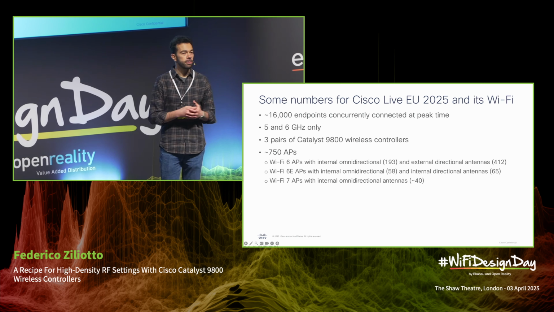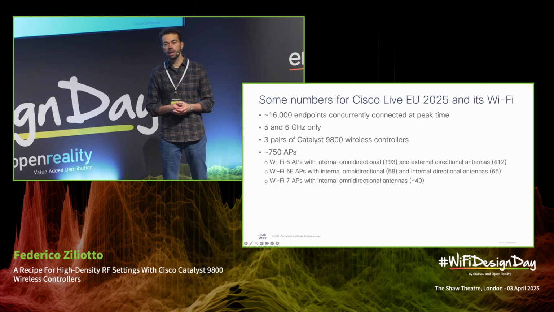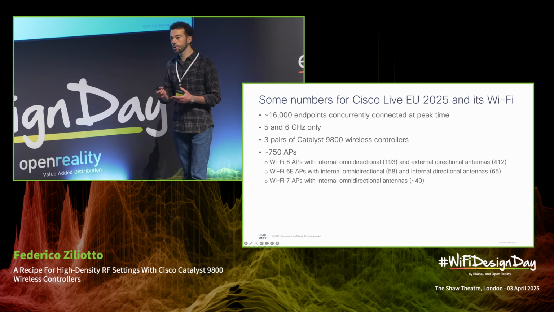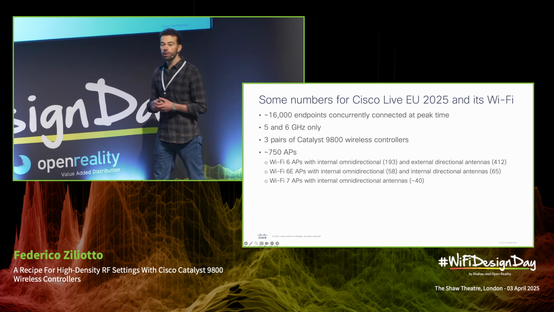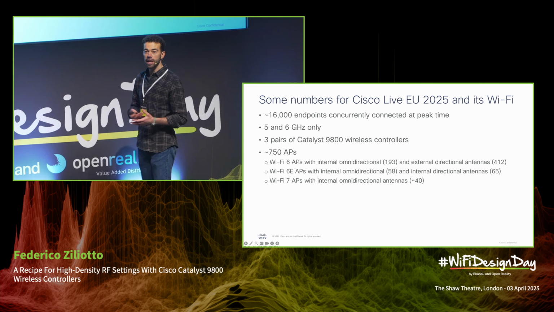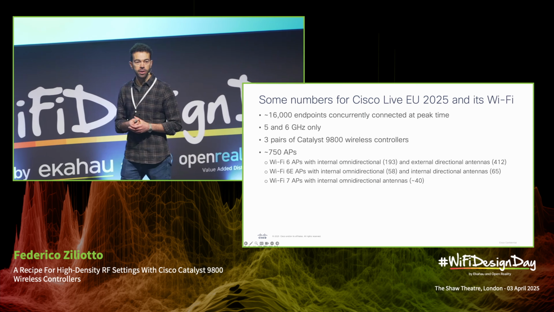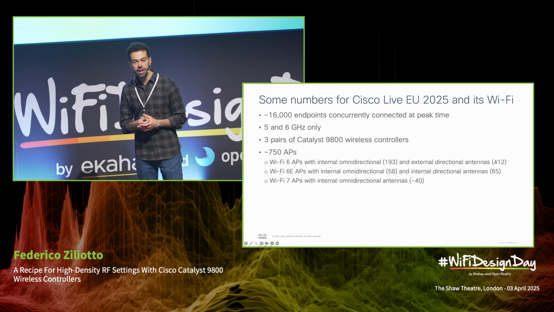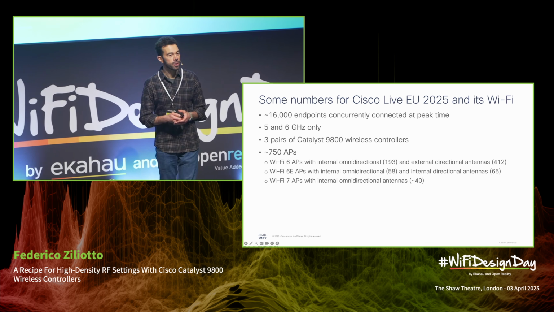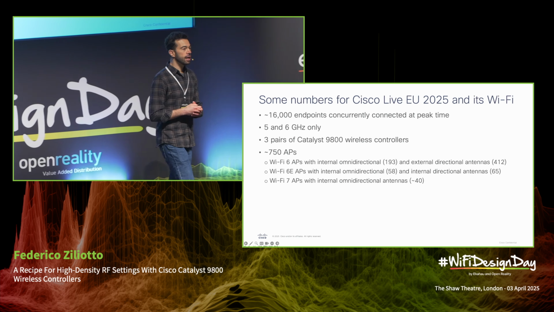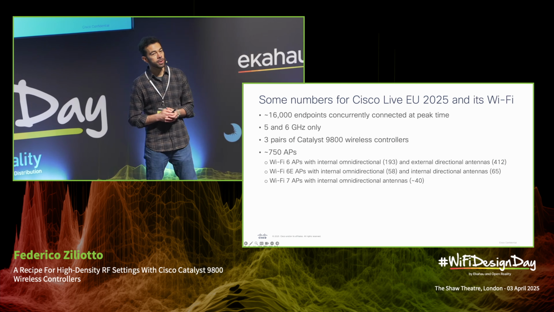Depending on the event, we may have more or less density of clients. We're using a few pairs of controllers to manage the network. And for the event that we just had in Amsterdam in February, it was a bit over 700 access points, okay? Do we need all those access points? Not always. But we like to play around with stuff, to test some new things.